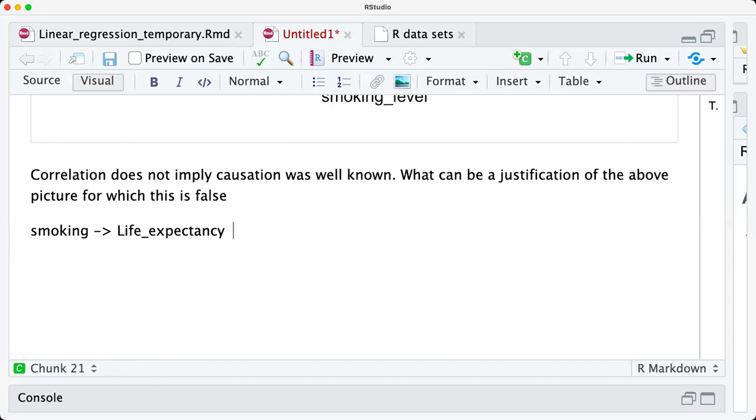But why? Okay, so stress influences smoking, but stress, I don't know, maybe also influences alcohol consumption, and maybe it is this one which causes a low life expectancy.